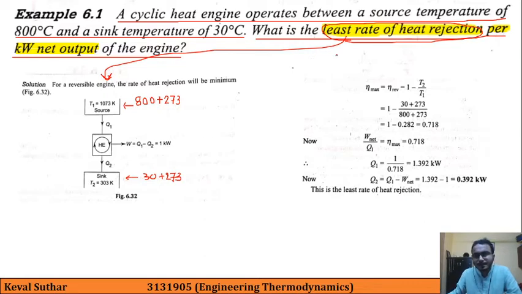Now here you can see that eta max is equal to eta reversible, that is 1 minus T2 by T1, and by application of that formula we can get the value of eta max here.